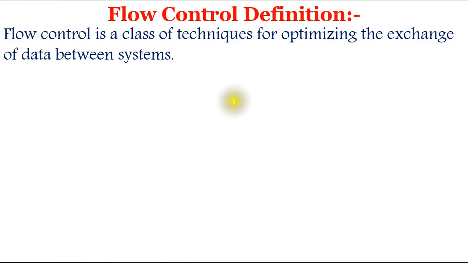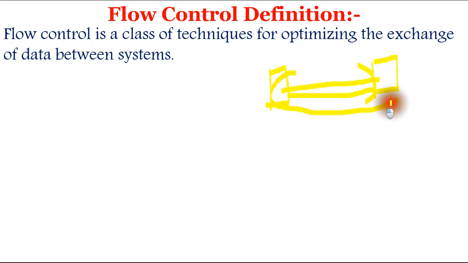Flow control is a class of techniques for optimizing the exchange of data between systems. Very simple: you have two systems, one here and the second one here, and you want to exchange data. How quickly it happens, how beautifully, how successfully, depends totally on flow control.